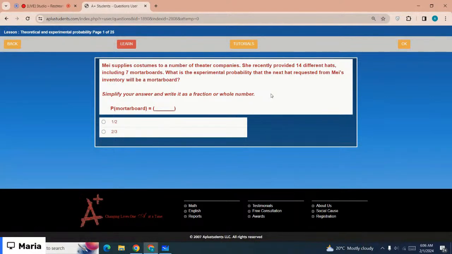What is the experimental probability that the hat from May's inventory will be a mortarboard? Okay, so you have to find the probability of mortarboard, right?